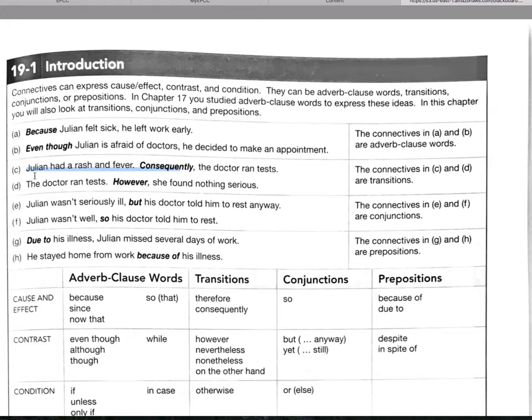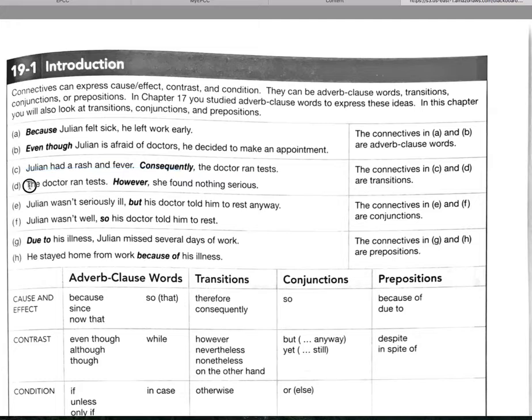If you notice, in C, Julian had a rash and a fever, period, capital C. Consequently, comma, the doctor ran tests. Okay? So when we are using consequently as a transition, we're going to have a period before it, capitalize the letter C, and use a comma after it.